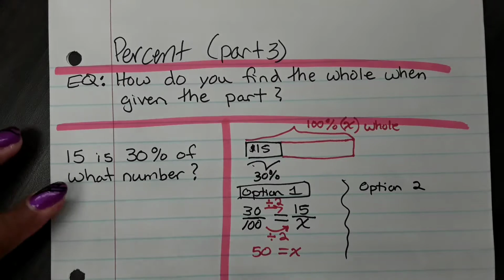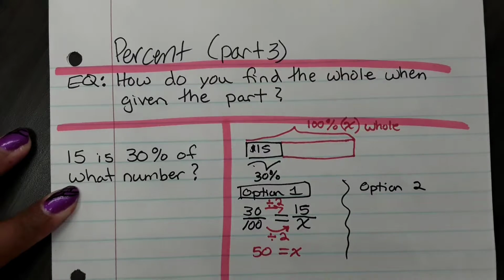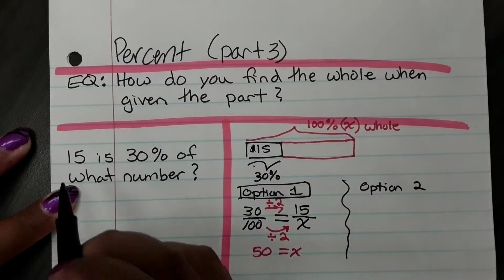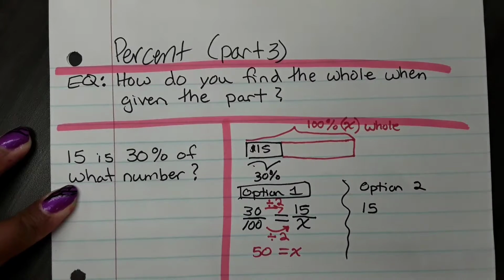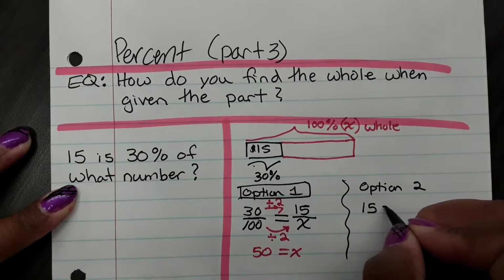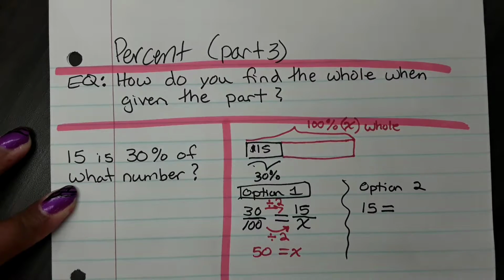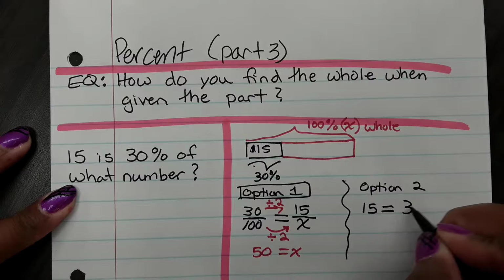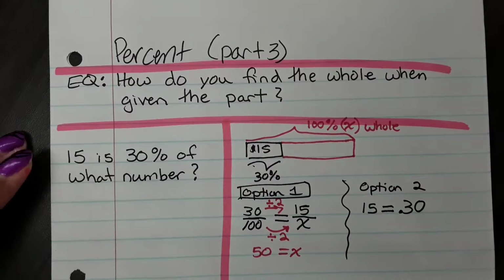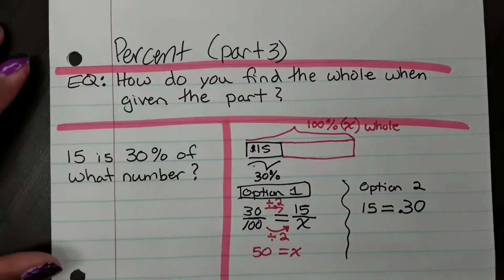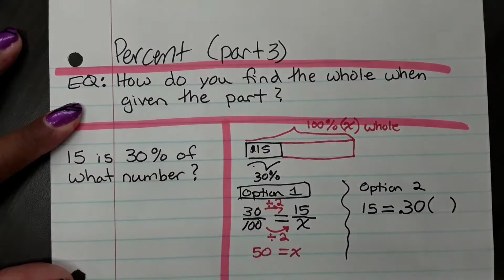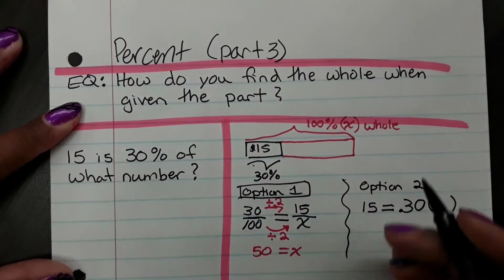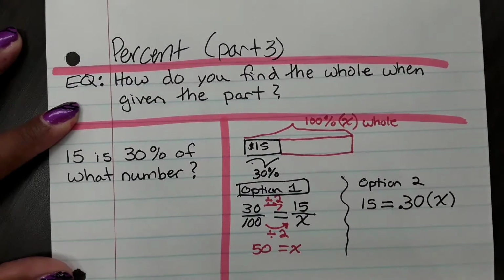So we're just going to take our statement and write it algebraically. 15, our part, we know that I borrowed from her, is equal to, I borrowed 30%. So we're going to write 30% as a decimal, 30 hundredths. We're borrowing 30% of, we know means to multiply, and it's of some number, our mystery number. That's where we put in our variable, x.